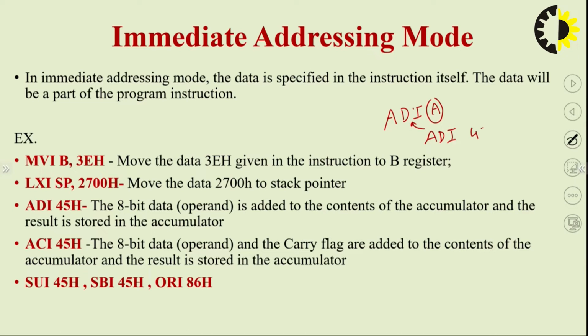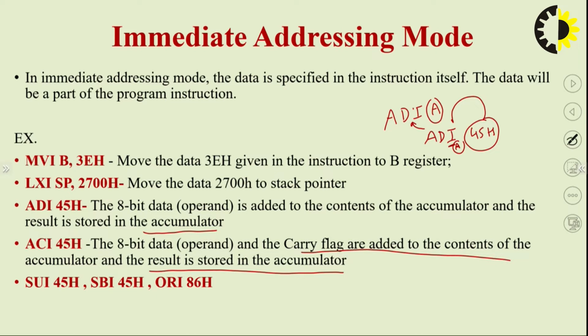Through these instructions we are moving the value. How can we say that it is a value? Because here it is I. So we are moving the value 45H into the accumulator register, and by default we consider it the accumulator. Similarly ACI 45H: the 8-bit data operand and the carry flag are added to the contents of the accumulator and the result is stored in the accumulator. Whatever operation we are doing, the result is stored in the accumulator, because the accumulator accumulates the result.